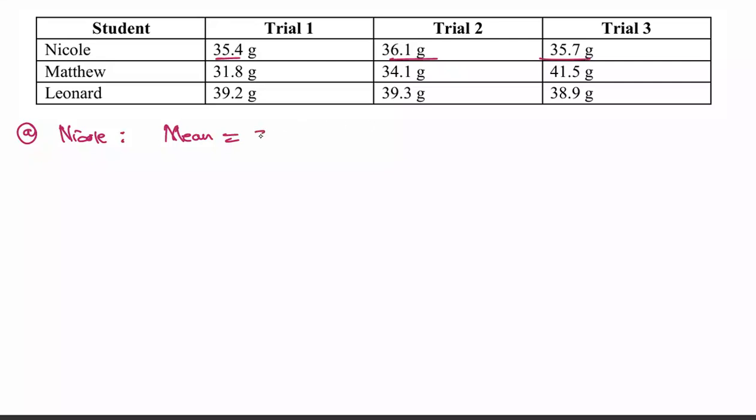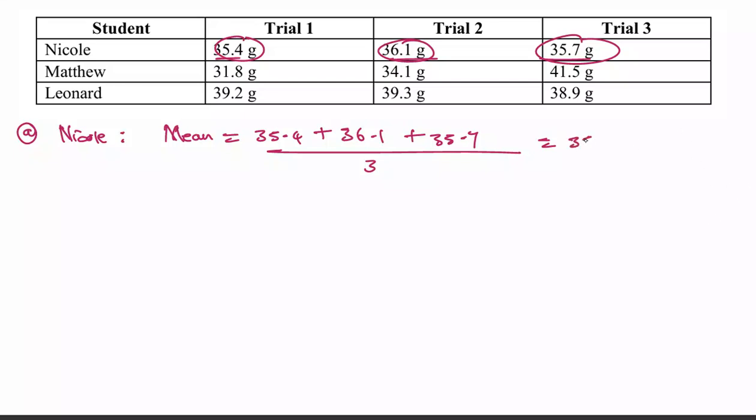So we have 35.4 plus 36.1 plus 35.7. Then how many trials do we have? 1, 2, 3. We have 3 trials. We divide by 3. The value is going to be 35.73 grams.